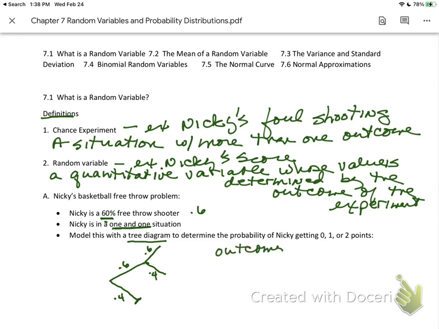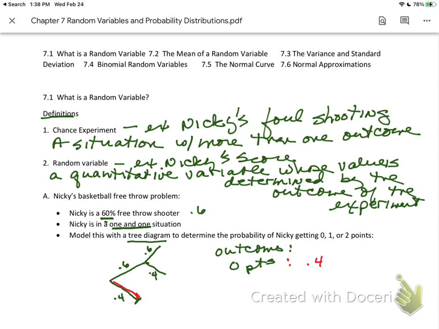So let's figure this out. So the outcomes, she can get 0 points, and that would be if she comes down this line and misses the first one. So that's a 0 point. And what's the probability of that? That's going to be 0.4. Okay, so then she also can make just 1 point.